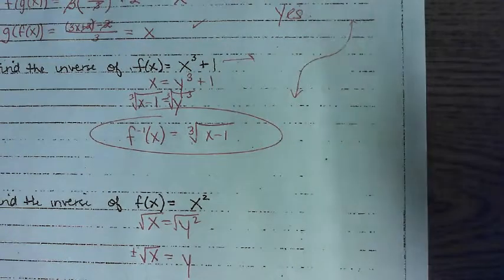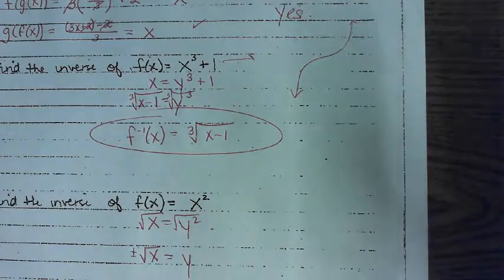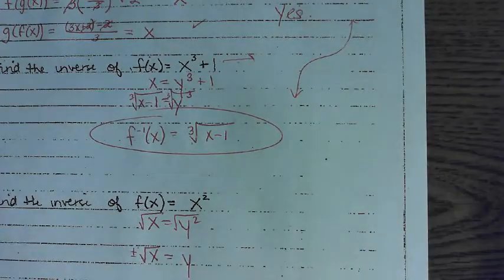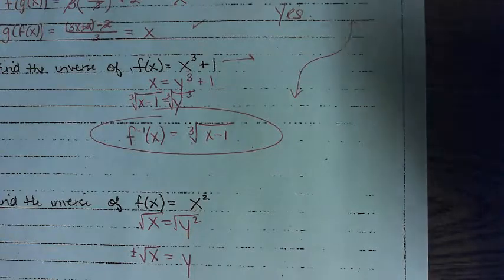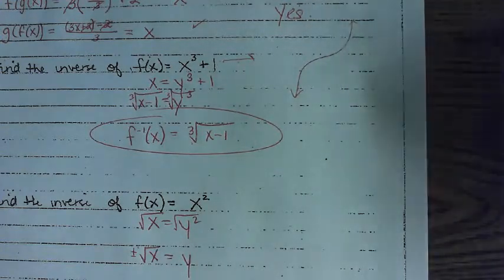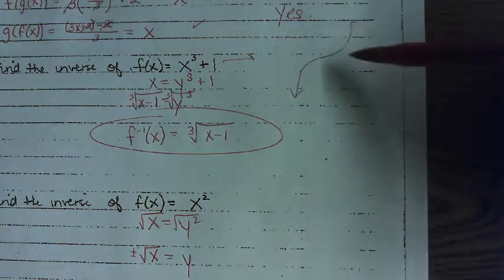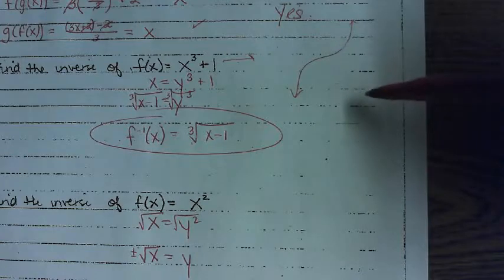There's functions, and then there's special functions called one-to-one functions. Anybody? Morgan, did you maybe have a halfway hand up? No? What makes this a function? Yeah, go ahead, John. Passes the vertical line test.